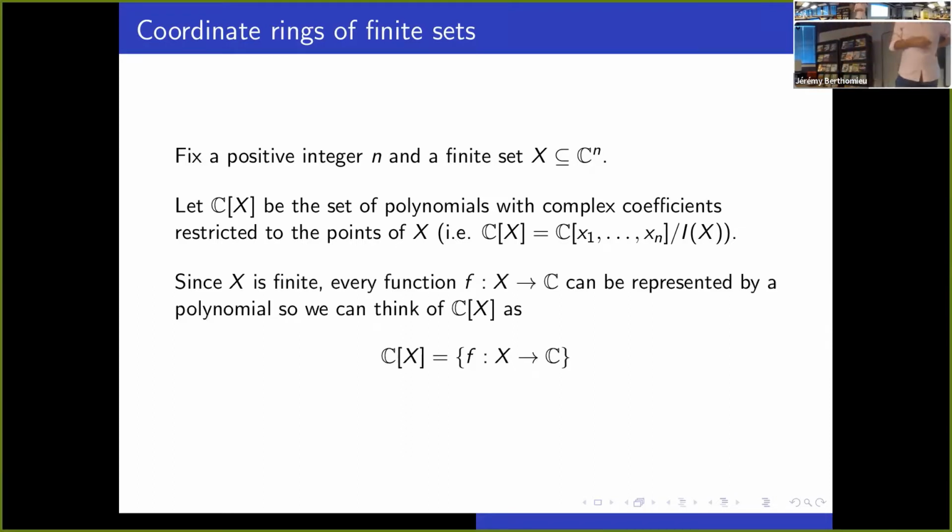Since X is finite, every function f from X to C can be represented by a polynomial. So we can think of the coordinate ring of X as the set of all functions from X to C.